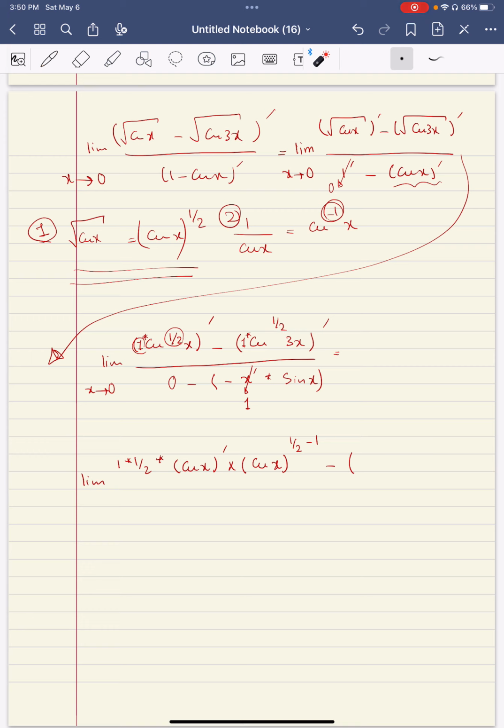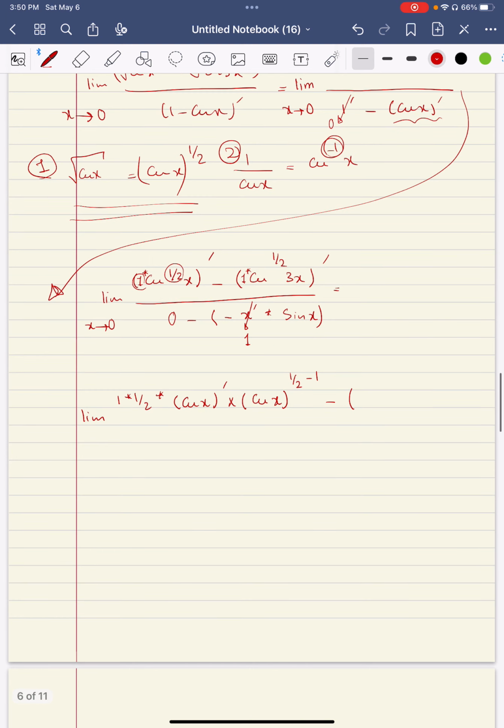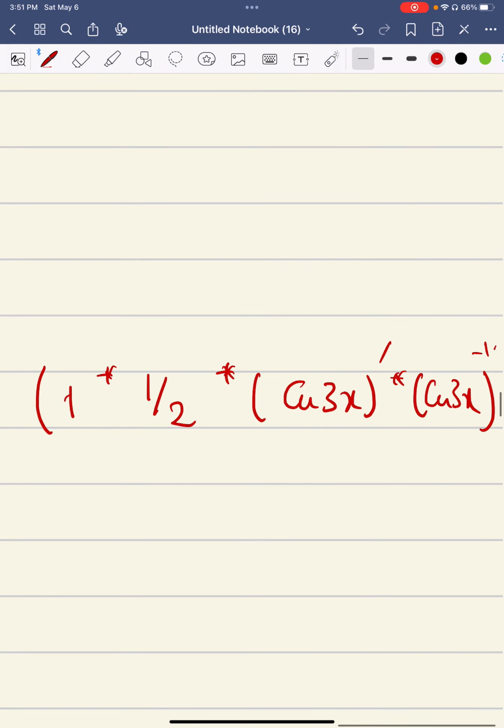The c is 1, the n is 1 over 2, and the u is cosine 3x. So the derivative would be c times n times u prime, cosine 3x prime, times cosine 3x to the power of n minus 1, 1 over 2 minus 1. 1 over 2 minus 1 is equal to negative 1 over 2. So I'm going to write negative 1 over 2 in here.